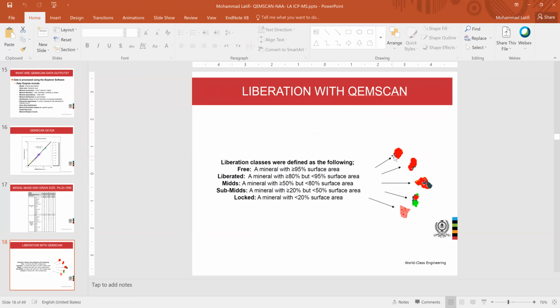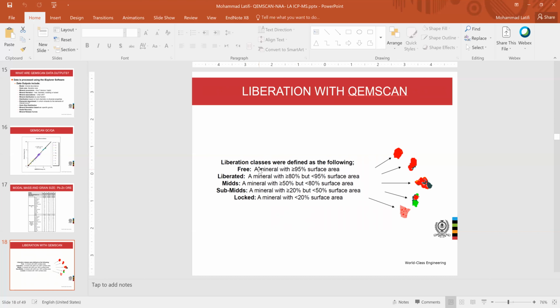Imagine that the mineral of interest is this red color. If the surface area of the red color, or anyway our mineral of interest, is free, I mean almost without association to any other mineral, and the value is more than 95%, we say the mineral is a free mineral.